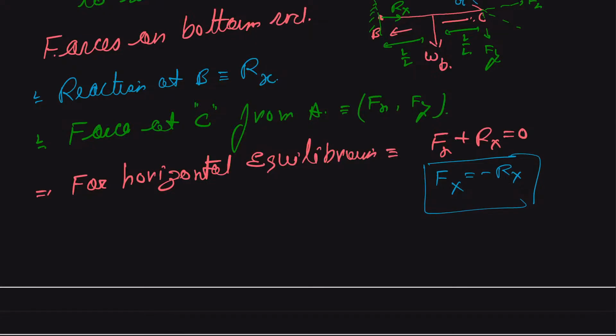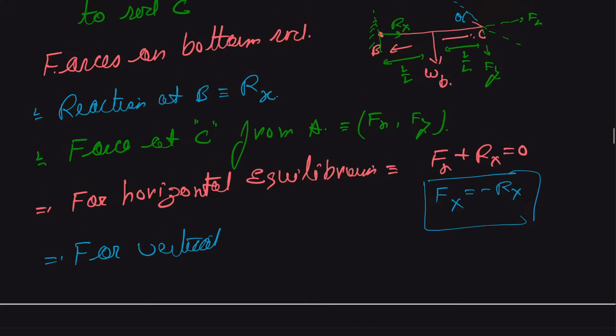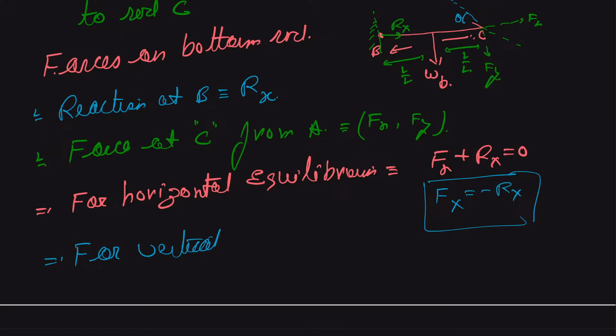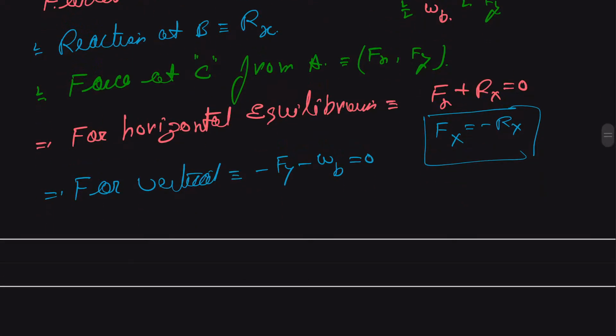And for vertical, we can write that F of y plus, okay, say that both are in negative direction, so we can write this as minus F of y minus W of B is equal to 0. And this gives us that F of y is equal to minus W of B. W of B is nothing but our weight.